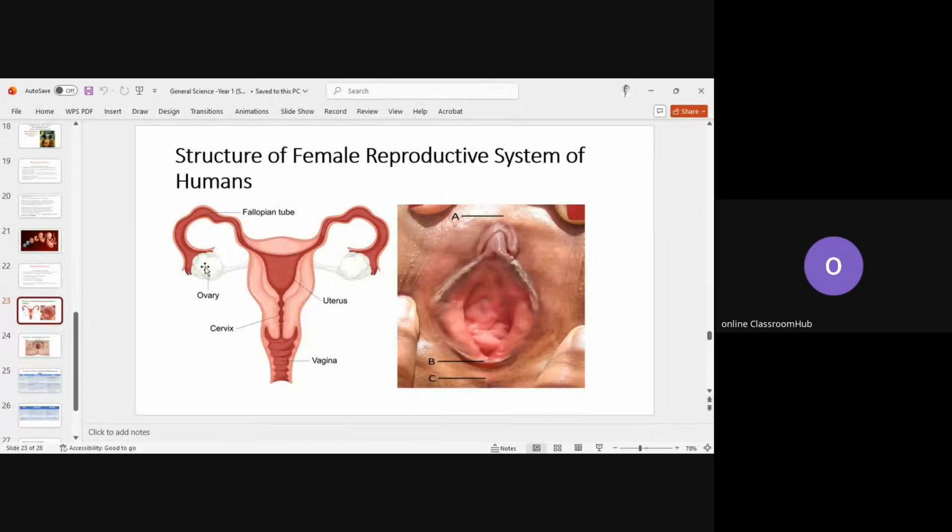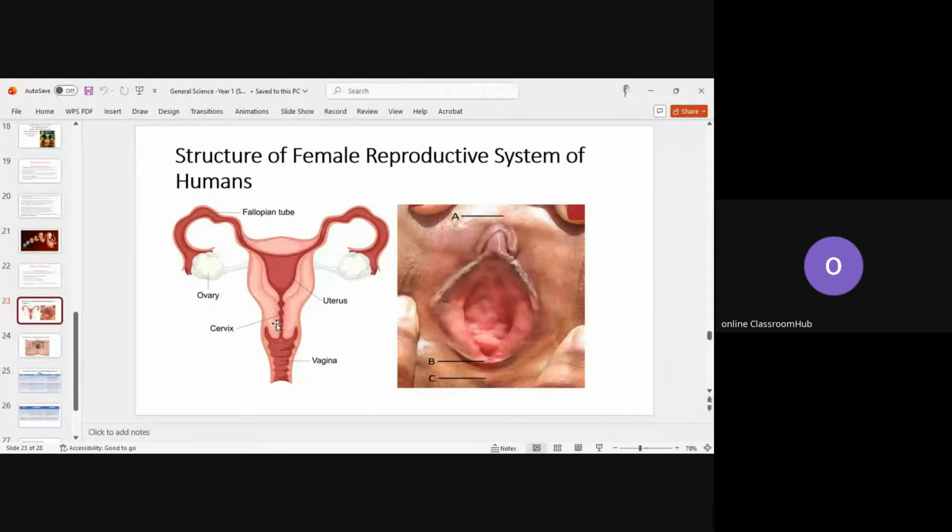The egg contains the female sex cells. And then this is the womb or the uterus, where after the fertilization, the fetus moves and attaches itself to this lining. And that is what we call implantation. Then after that, the baby will get oxygen, food, nutrients, and other things. And then this is the almighty vagina, the kingdom of Inyanya.